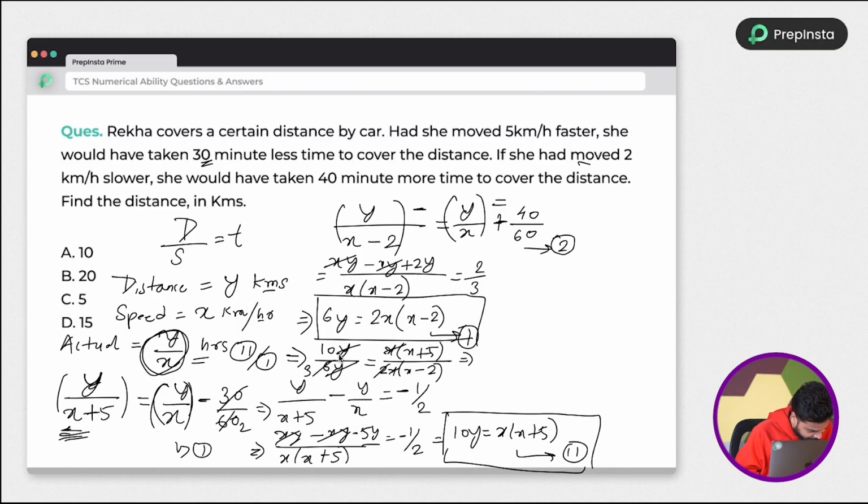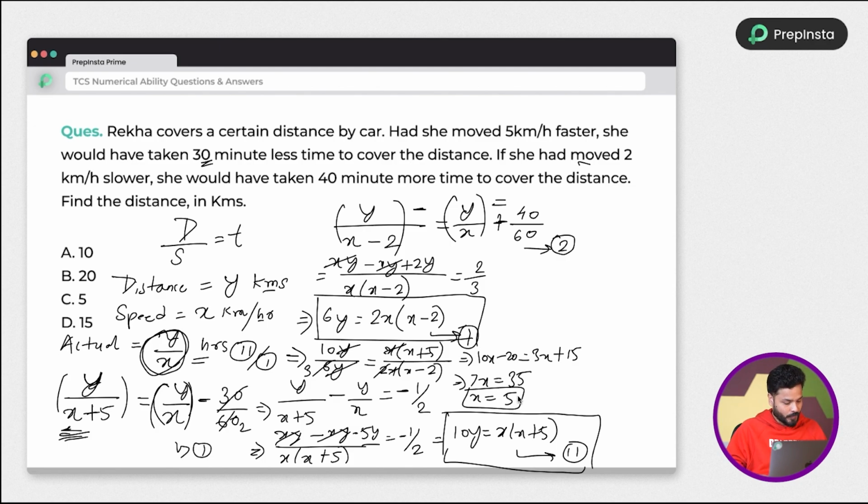So this will give me 10x minus 20 is equal to 3x plus 15, right? Yes. So now this would give me 7x is equal to 35. So my x would become 5, right?